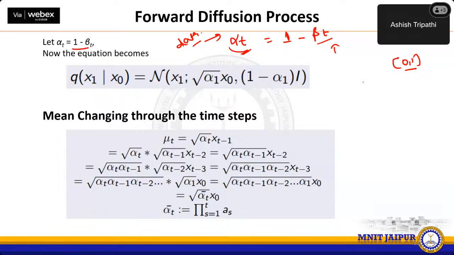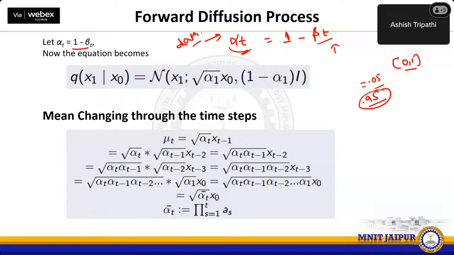For example, if the value of beta is 0.05 and the value of alpha is 0.95, that means we have 95% of the data and 5% is noise. So alpha is representing the data and beta is representing some kind of noise.